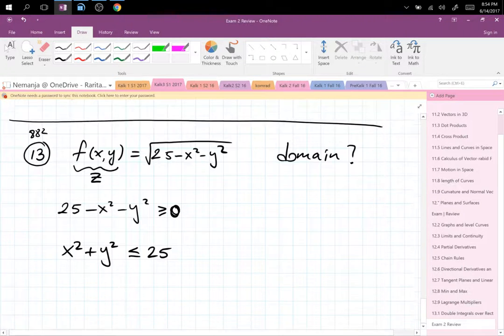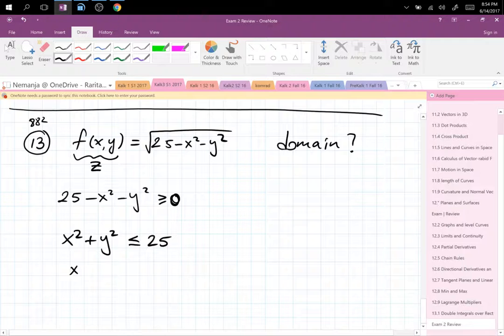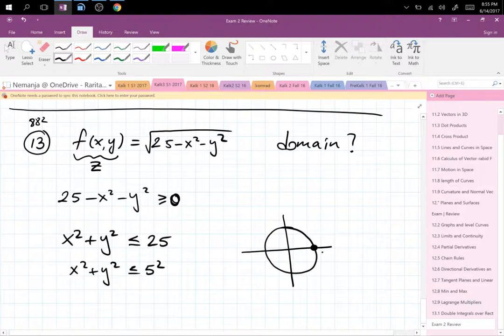And we get this, which is a circle with radius 5, but everything inside, including the boundary. So that's the domain.